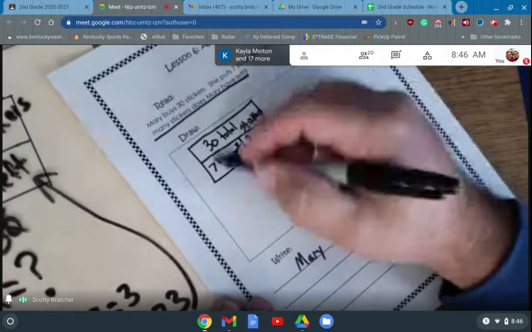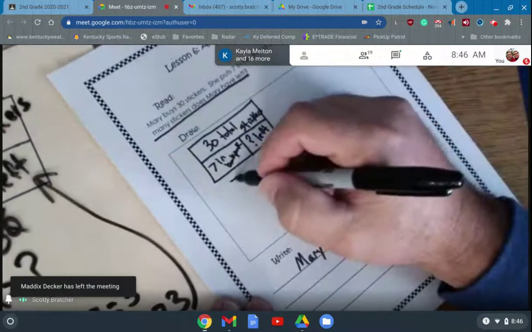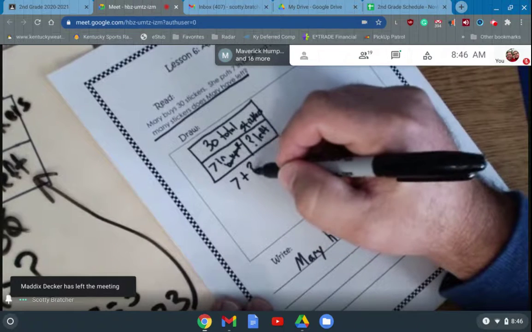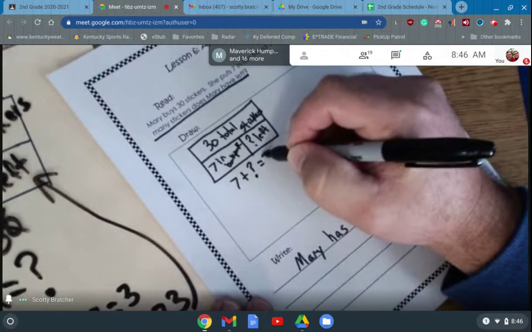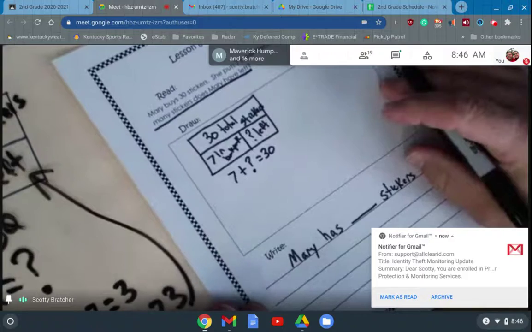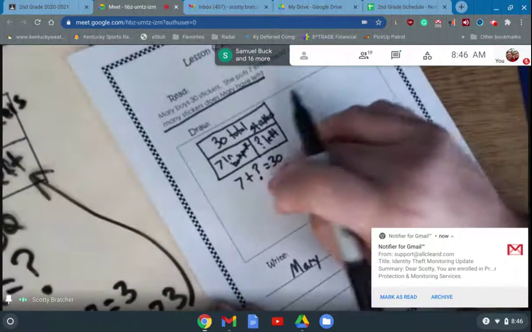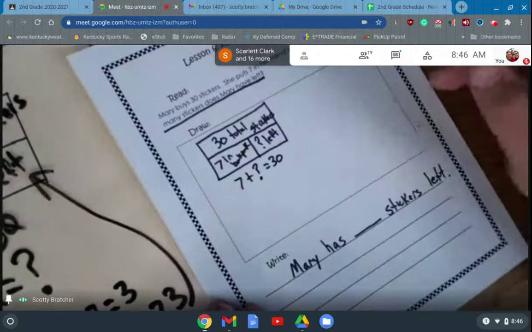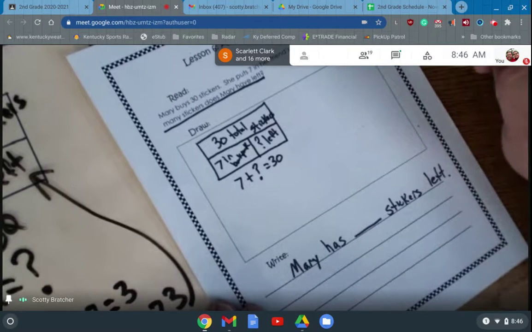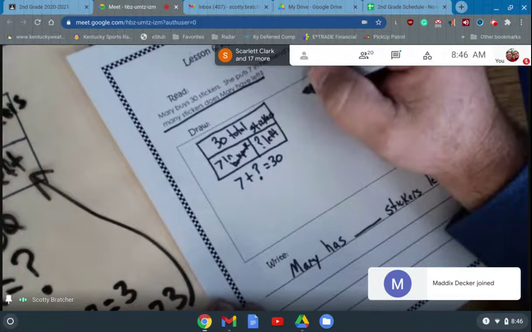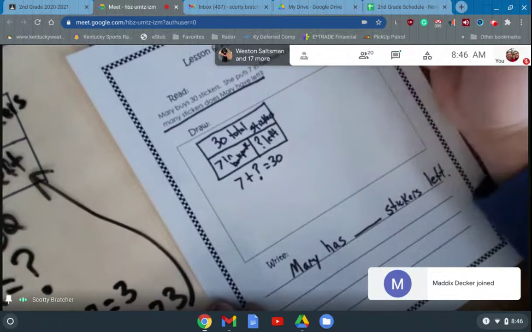So if I take just what I've got here, it says that 7 plus what I didn't know equals 30. And I decided, oh, it's a missing add-in problem. So I can't use addition to find the answer. I've got to take some away. So I'm going to rewrite it over here as a missing add-in problem.